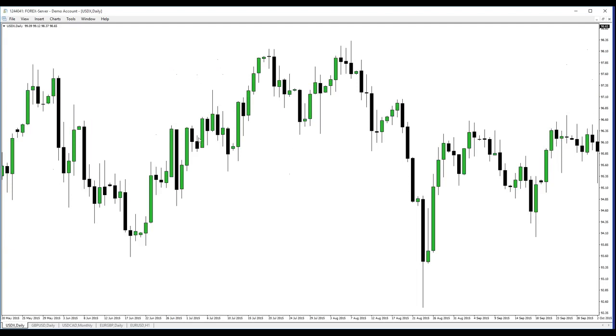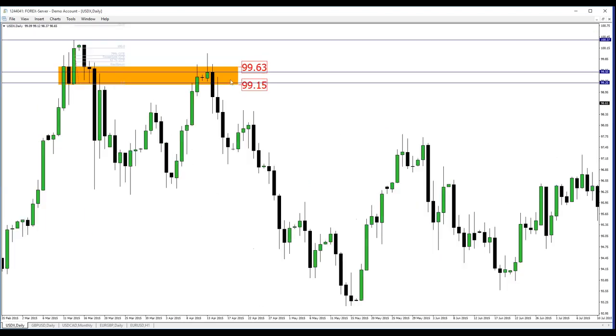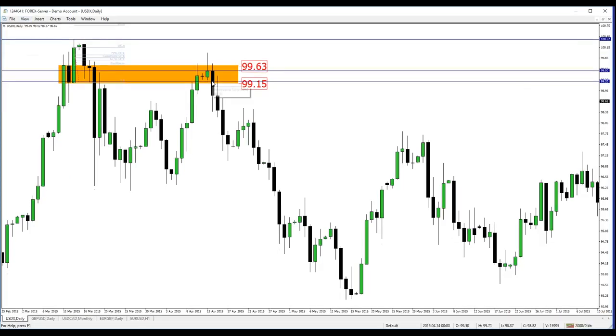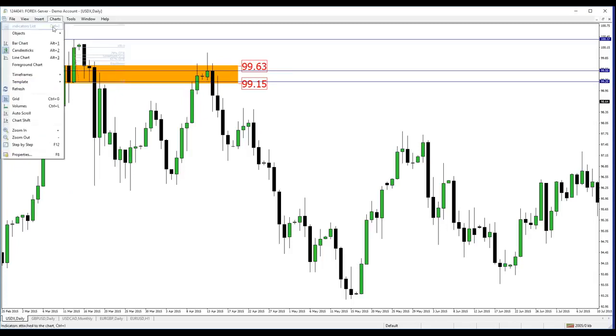I've got to get the date on when that actually traded into it. All right, so we traded into these levels on April 13th, 2015. So we will drop down. I'm not sure if it'll give me it on an hourly.